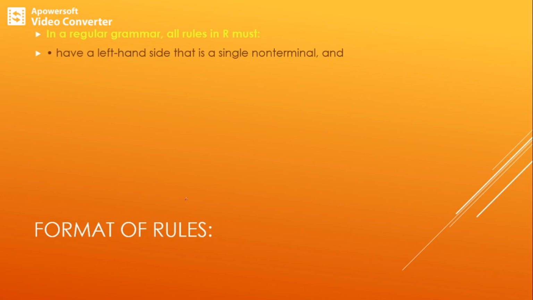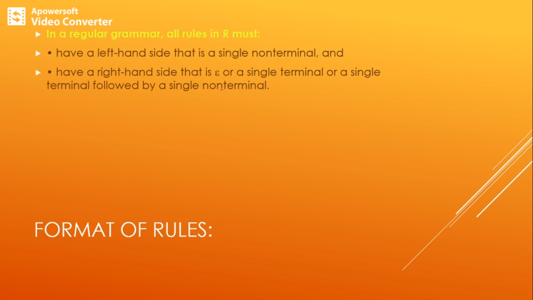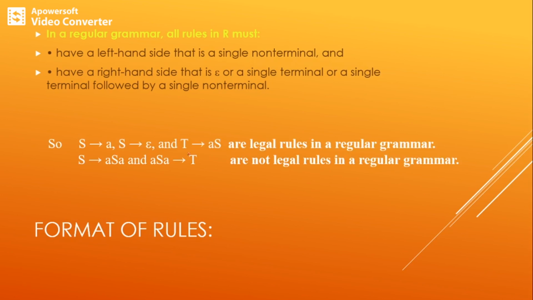Each rule has a left hand side and a right hand side, separated by an arrow mark. The left hand side is a single non-terminal, and the right hand side is epsilon or a single terminal followed by a single non-terminal. That means a single terminal can come to the left of the single non-terminal in the RHS.